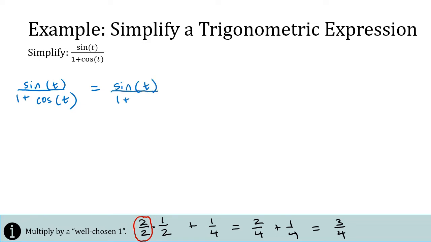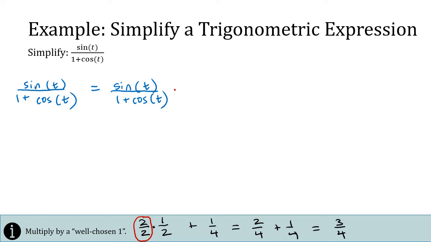I can't rewrite anything in terms of sine or cosine because it's already in terms of sine or cosine. So I'm going to multiply by a well-chosen 1. And in this example, my well-chosen 1 is going to be the conjugate of the denominator. Now, conjugate is something you've probably worked with, but let me refresh your memory.